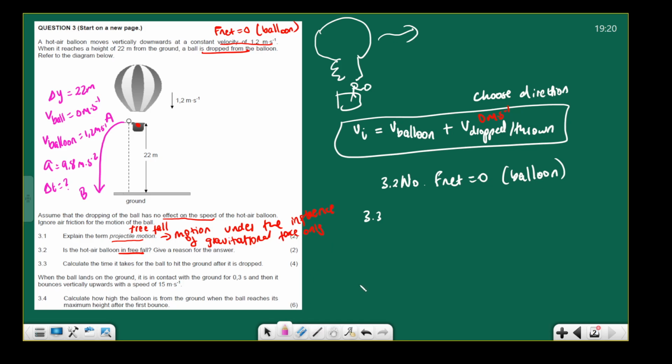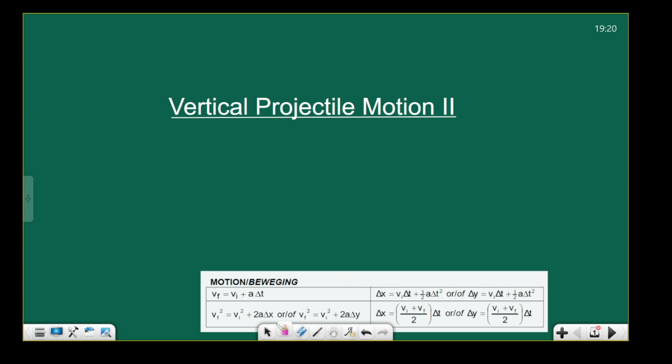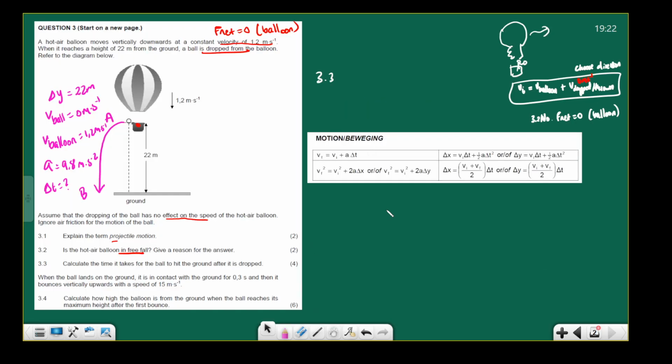You're gonna need to choose the equation. Now for you to choose the equation, you need to choose from the 4. Remember that our equations are here, so I'm simply gonna take them. So when you have to choose your formulas, you say, okay, change in y, which formula has change in y? This has change in y, this also has change in y, this has change in y, this doesn't have change in y, so already this formula is gonna be out.